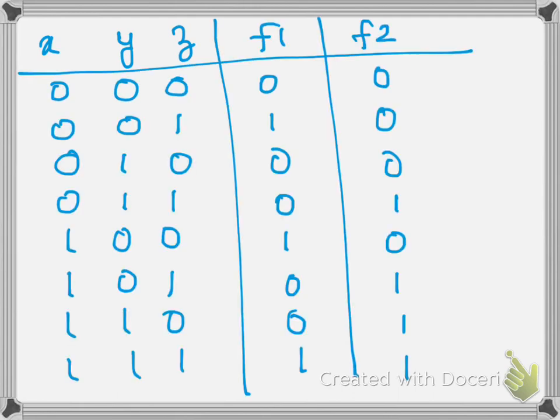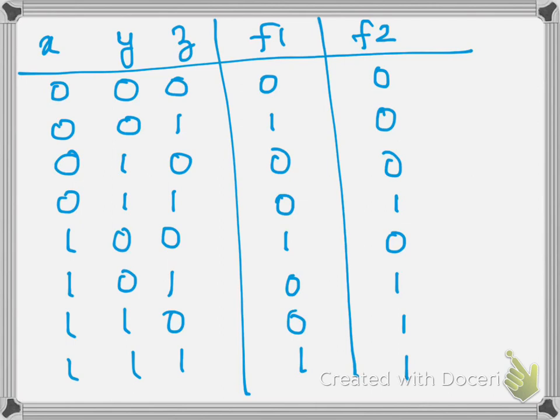Let us take a function and see now how it is going to work. So let's say I have a truth table like this. Again, x, y, and z. So here I have this table, x, y, z, with all three variables, and I have two functions, f1 and f2. This is already given in the truth table. Now I would like to represent f1 and f2, the functions, as either a sum of min terms or a product of max terms.